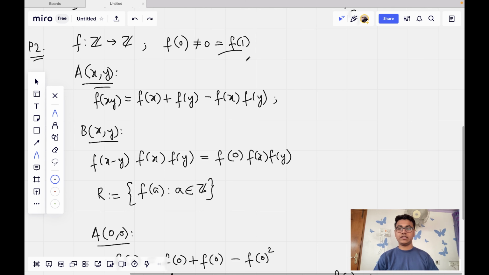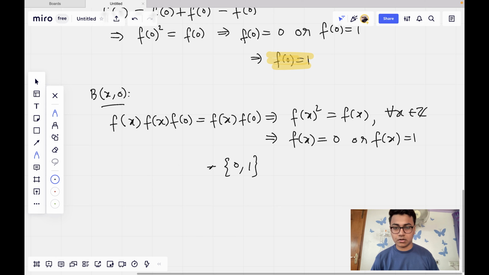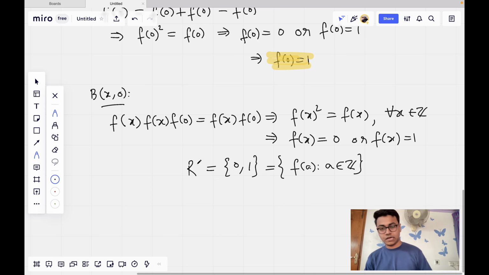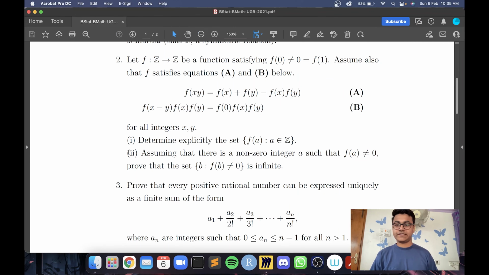So the range set is exactly equal to {0, 1}. So this is our R, that is the set f of a for all integers a. So the function f takes only these values 0 and 1. That was quite easy. Now we move to the second part of the question.